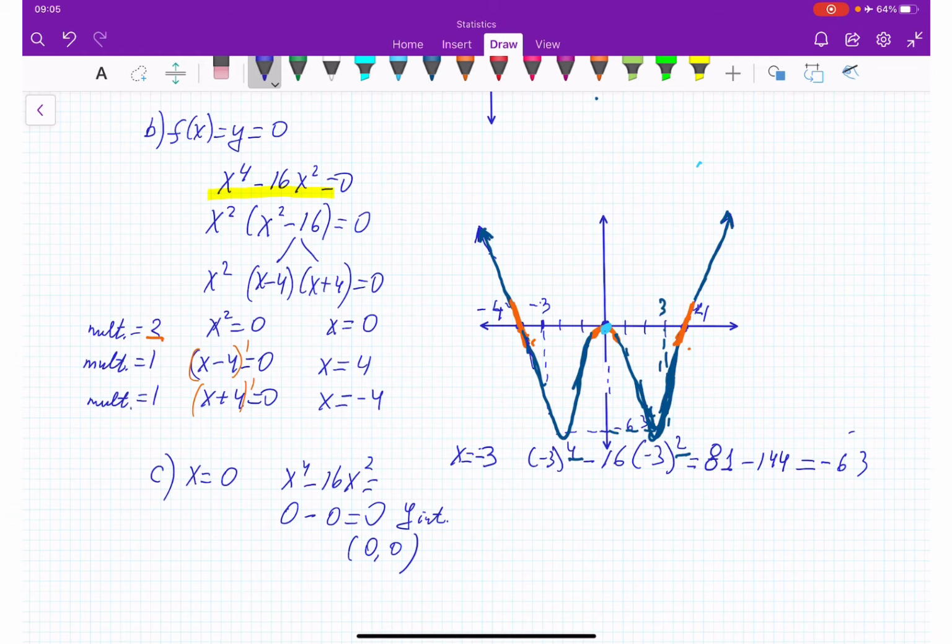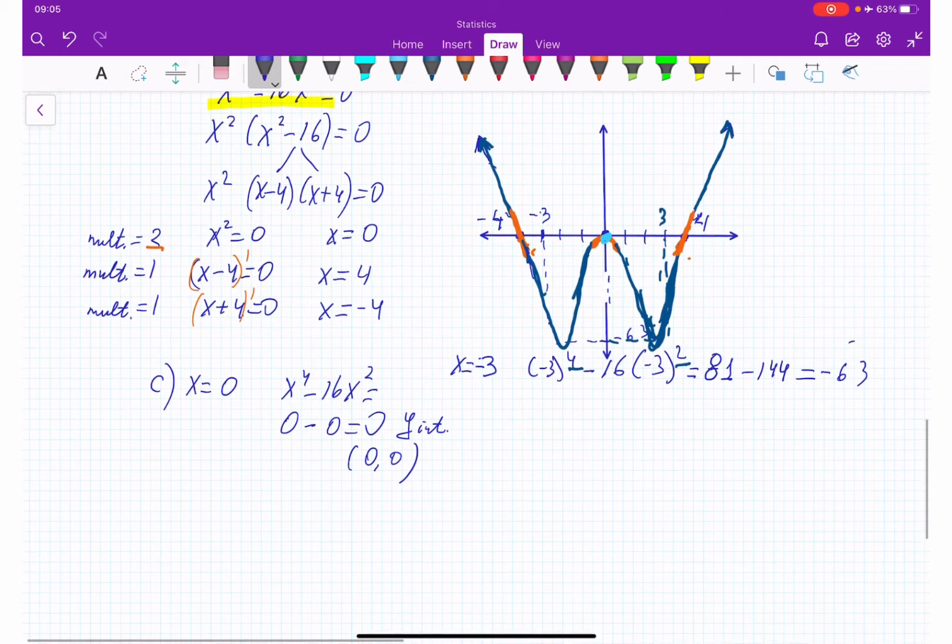Now, determine the symmetry of the graph. Well, obviously on the graph we can see that it is symmetric to the y-axis, which is even, right? It's even.